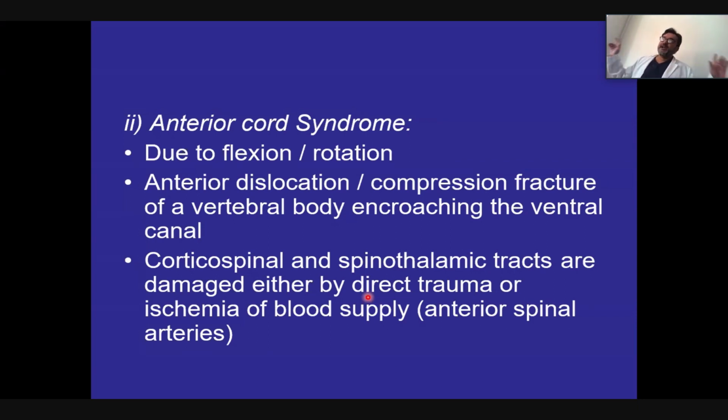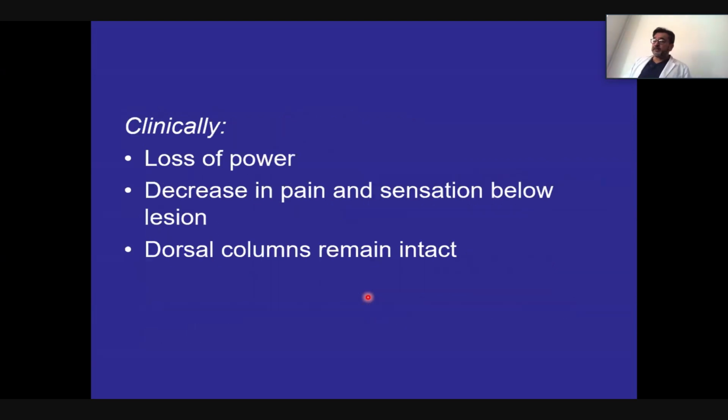You would have bilateral loss of pain and temperature below the level of the lesion. There is no sparing of the lower limb here. There is a bilateral upper motor neuron lesion below the level of the injured spinal cord, and at the segment of the spinal cord, you have flaccid paralysis bilaterally.